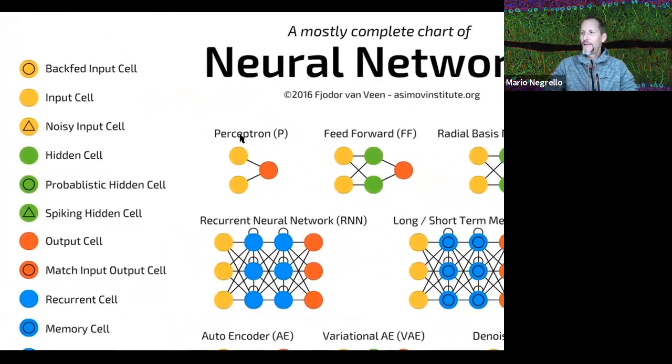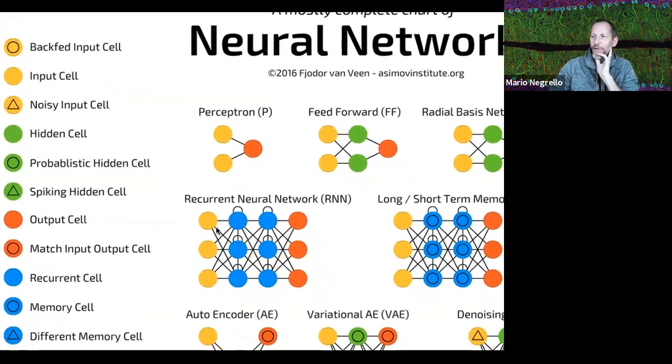But by now you should be more than able to tell the difference between feed-forward neural networks and recurrent neural networks. Can anyone tell me the hallmarks of these two? In the recurrent neural network graph here, maybe one thing that is not coming across is that connections can also go backwards.